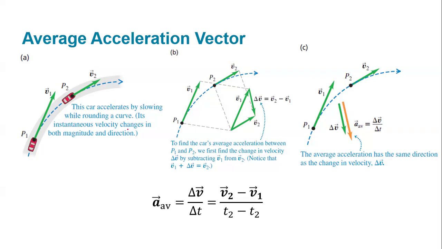So its instantaneous velocity changes in both magnitude and in direction. For example, at point P1 you have V1, and at point P2 we have V2. If you put these tail to tail, then you can find the delta V, the change in velocity, which is equal to V2 minus V1. So this is the direction.